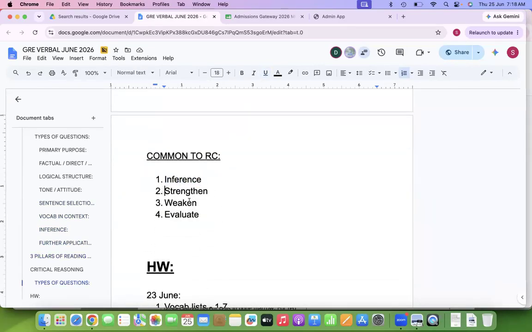By extension, this is the overlap. What will be unique to CR? Usually, assumption questions don't come directly on RC. Usually, they're a part of CR only.